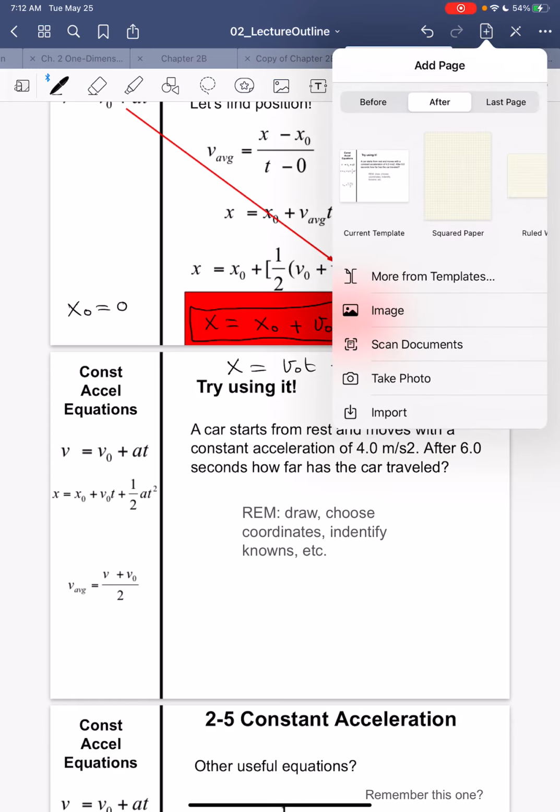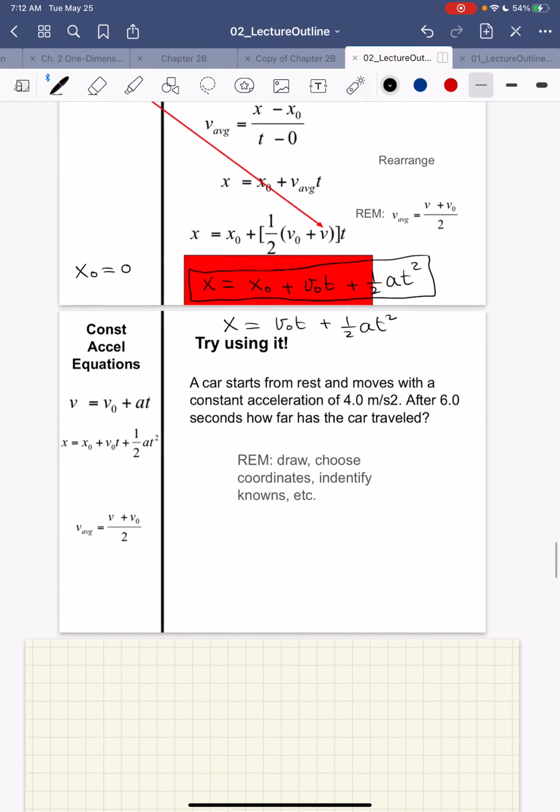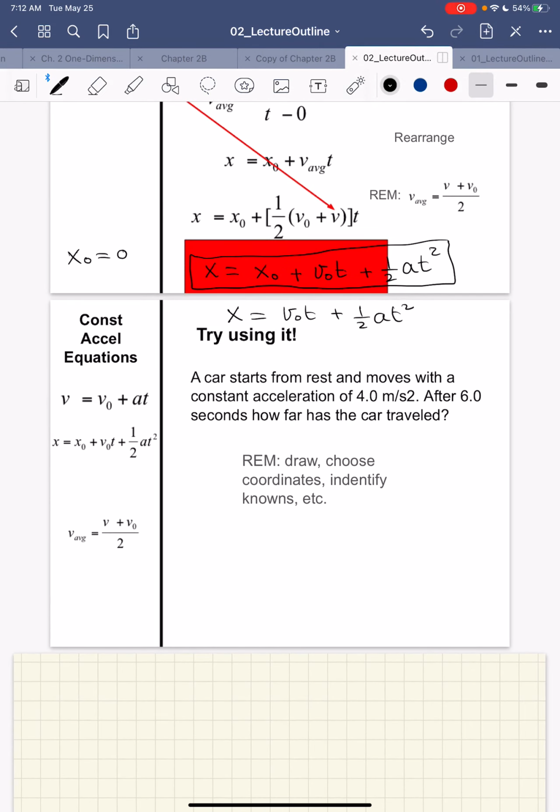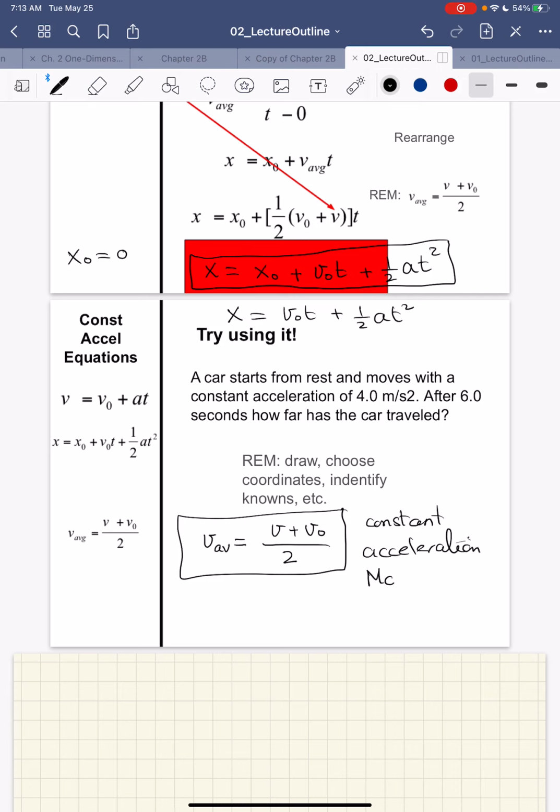Also, I want to say something so that you will not be confused. In the previous lecture, I did say that we cannot say V average is adding the velocities and dividing by their number. There is an exception: only if I have constant acceleration motion, then I can use this equation. But if I don't have that situation, this is not a general equation.